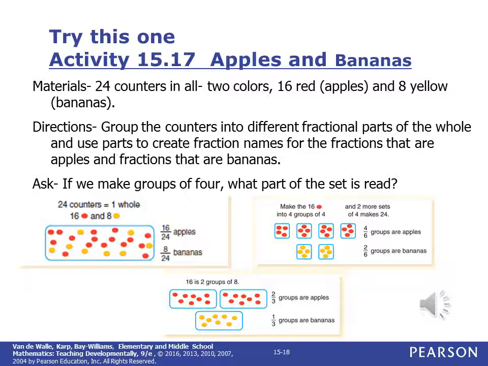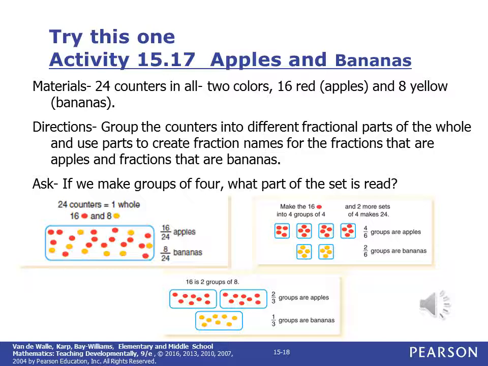And then you could say, well, why don't you group them in groups of 3? And when they do that, they're going to end up having 2 groups of 8 apples and 1 group of 8 bananas, and they'll realize to the whole they can express the apples as 2/3 and the bananas as 1/3.